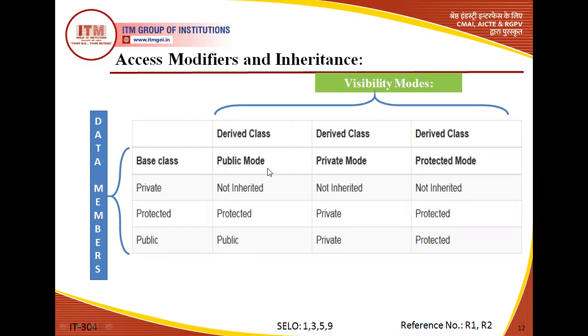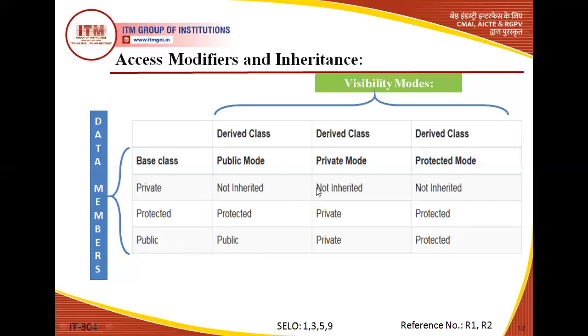If you are inheriting your parent class publicly, then the private data members of the base class you cannot inherit. The protected data members will remain protected. And the public data members will remain public.